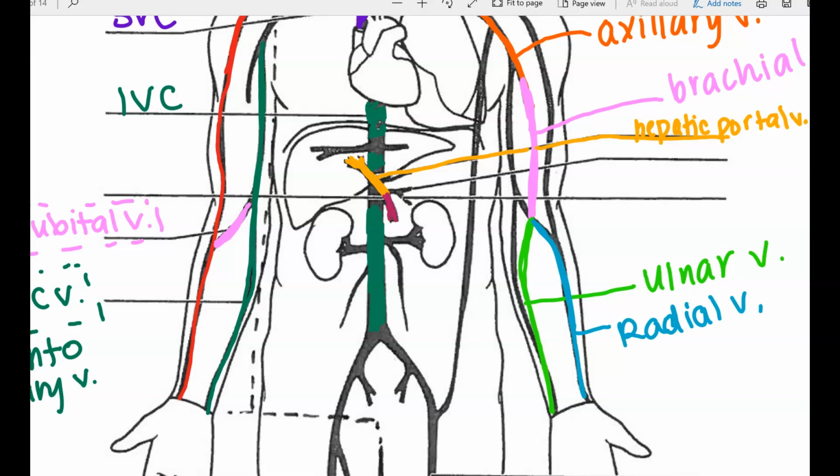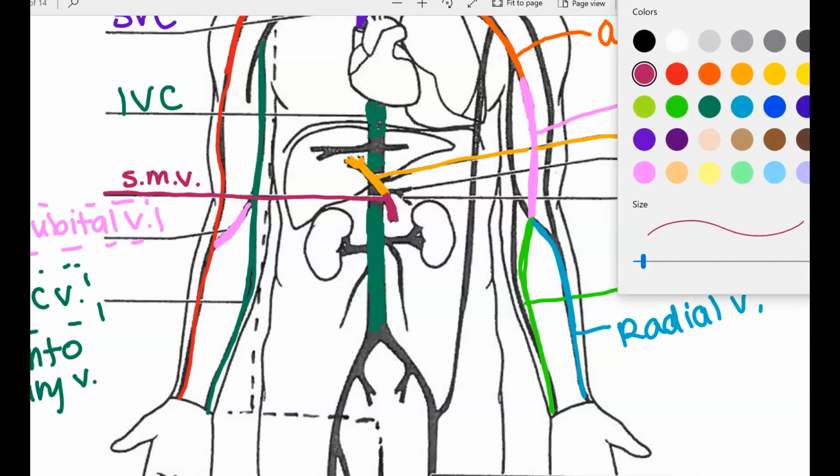Over here, that's draining directly into the hepatic portal vein. So I'm going to draw a line again so we can keep this nice and clear. This is, I'm going to abbreviate, superior mesenteric vein. Okay.